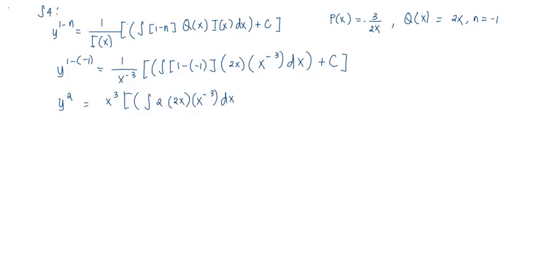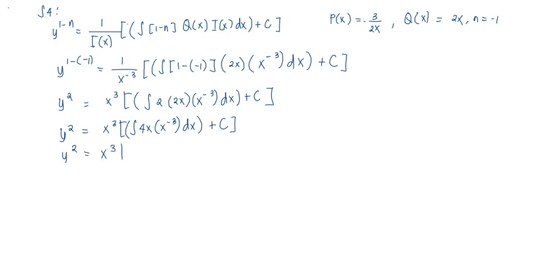And then this would now be y squared is equal to x cubed times the integral of 4x times x raised to negative 3 dx plus c. And then this would be y squared is equal to x cubed times the integral of 4, and x times x raised to negative 3 is basically 1 plus negative 3 for the exponent, so it would now be x raised to negative 2 dx plus c.